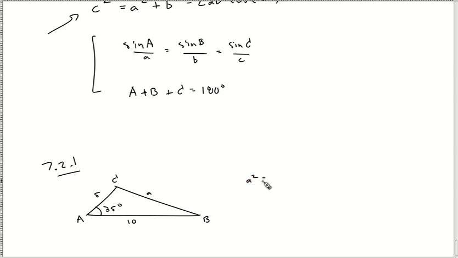So a squared is equal to, and here we go, 5 squared plus 10 squared minus 2 times 5 times 10 times the cosine of 35. This is all at once in the calculator, and what I got was 43.08479.